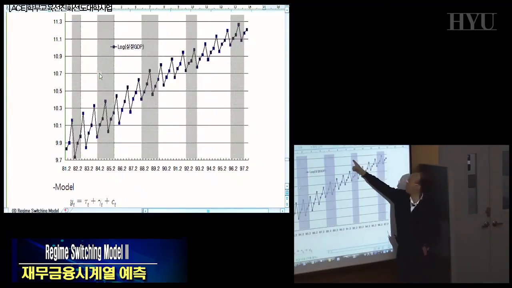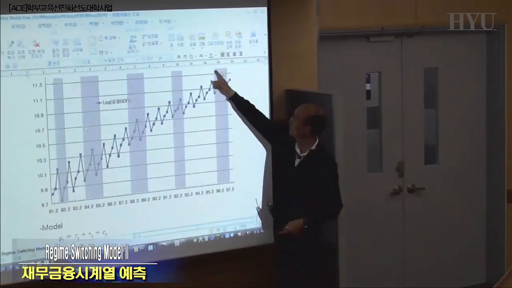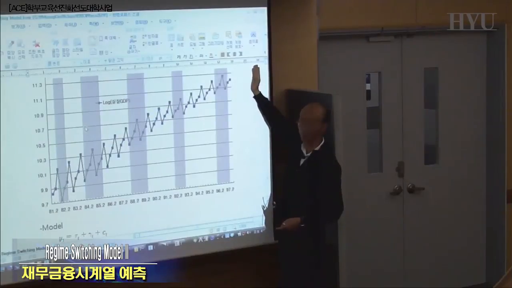You see only this one, because they wait until data is accumulated before they make an official announcement that this is the end. So to find this start and end officially, you have to wait until this time, right?